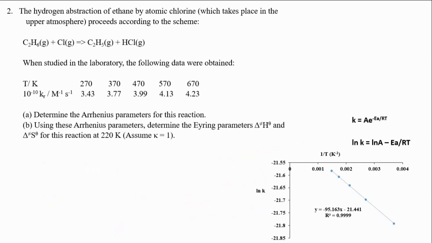Now, our activation entropy is the next thing. Our activation entropy can be calculated from A, right, is equal to e squared, the square of the exponential function, times B, right, e to the delta S over R. Now, what is this B?